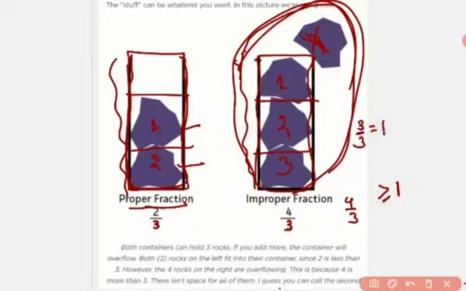So your improper fraction is always greater than or equal to 1, isn't it? And your proper fraction is always less than 1.